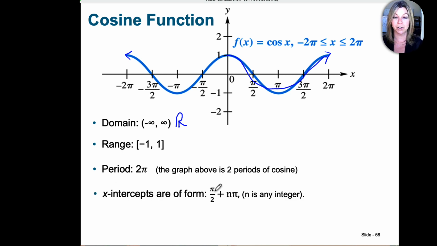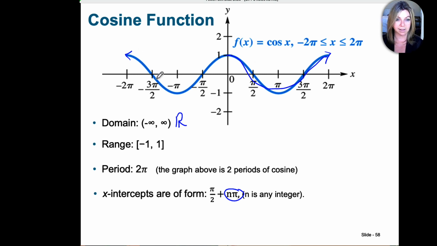And now here's our first difference between sine and cosine. The x-intercepts for sine were of the form n pi. But cosine does not intercept the x-axis at n pi. Let's check out where it does intercept the x-axis, using our examples here.